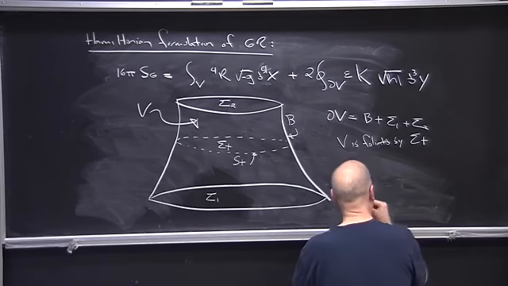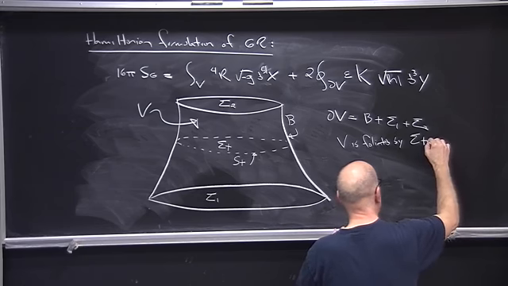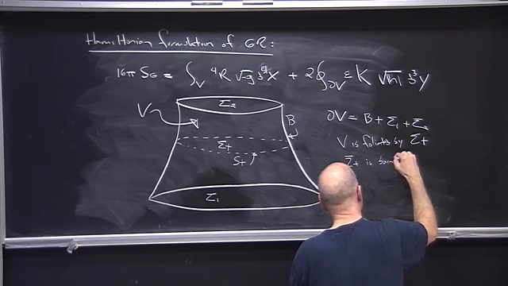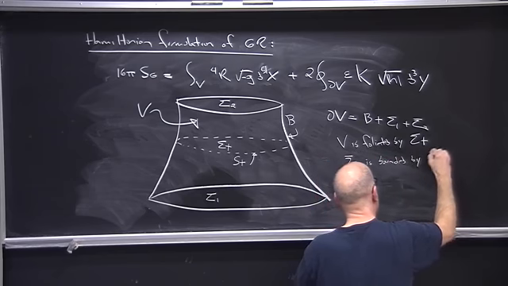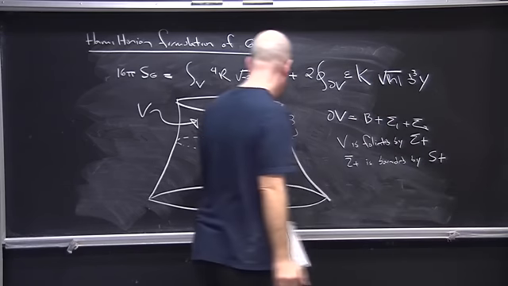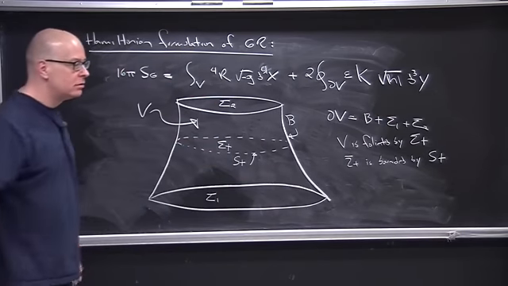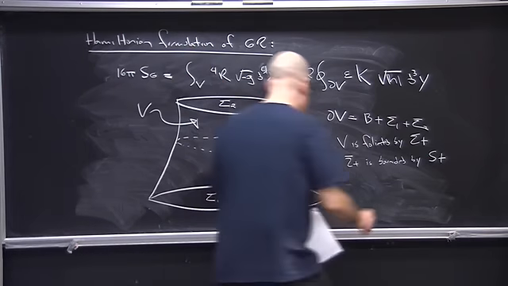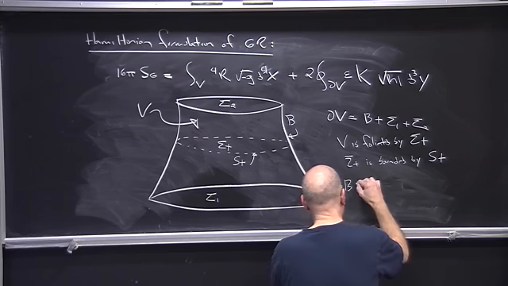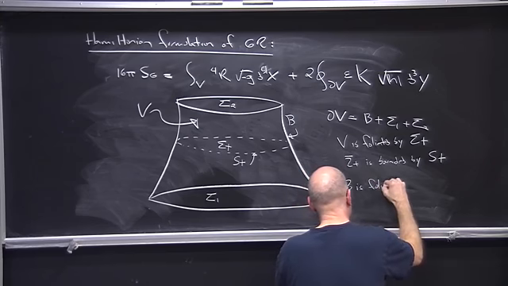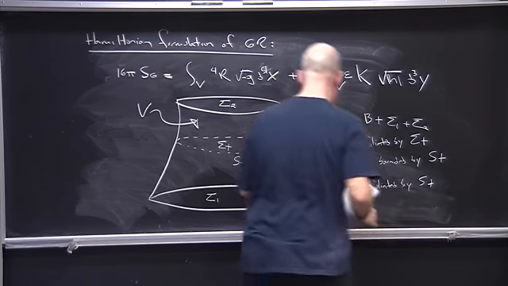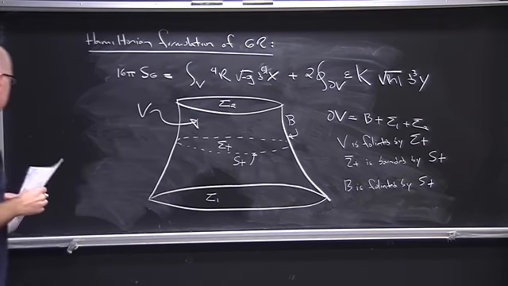So V is foliated by sigma t. Sigma t is bounded by St. And the rim itself is foliated by St. B is foliated by this stack of St closed surfaces.